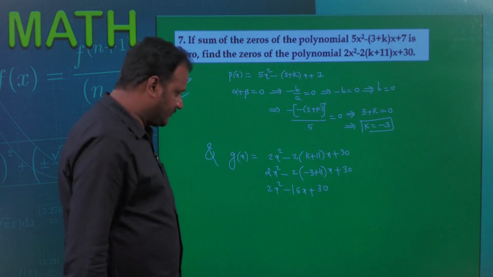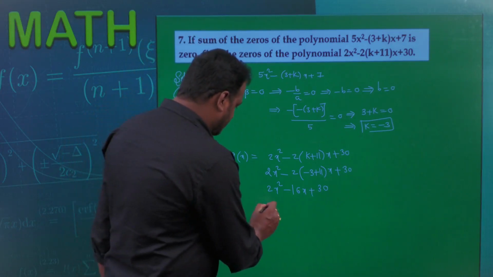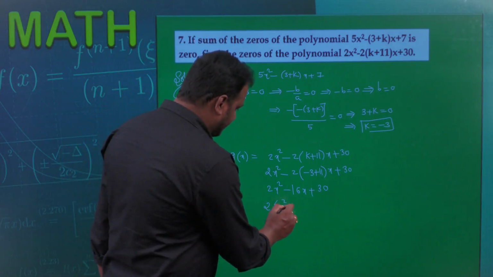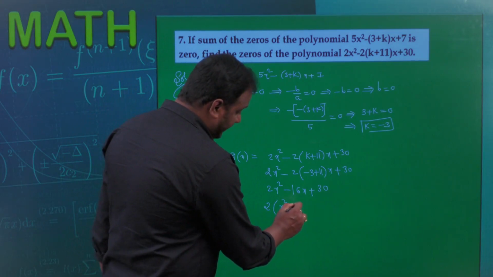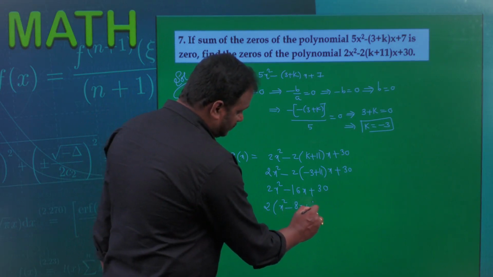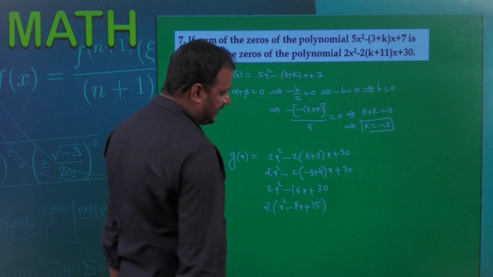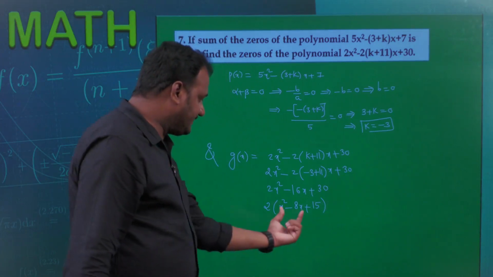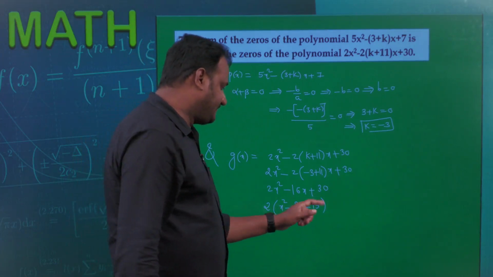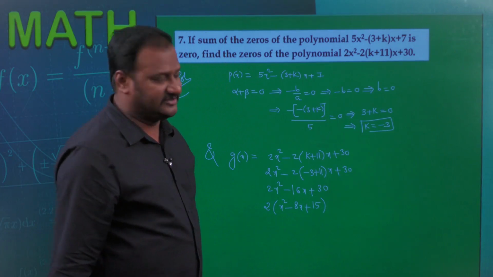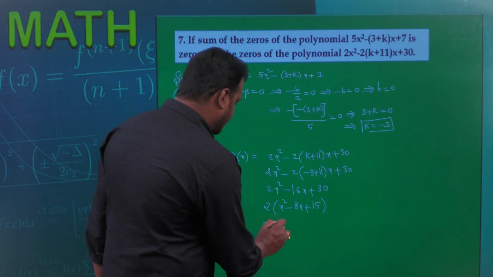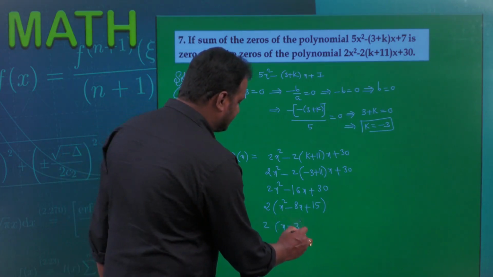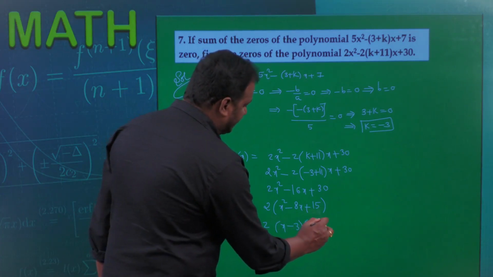See, I think you can take 2 common here. Then it would be 2 times (x² − 8x + 15), since 2 8s are 16 and 2 15s are 30. In order to find the factors of this polynomial, 15 1s are 15, 5 3s are 15. So 2 times (x − 3)(x − 5).